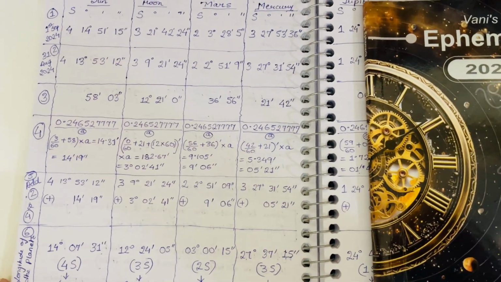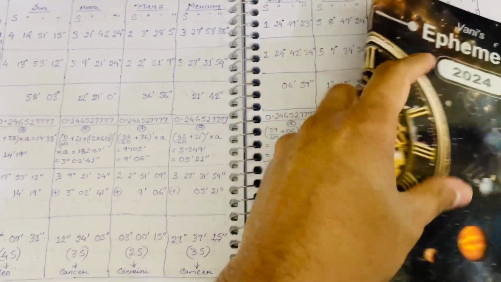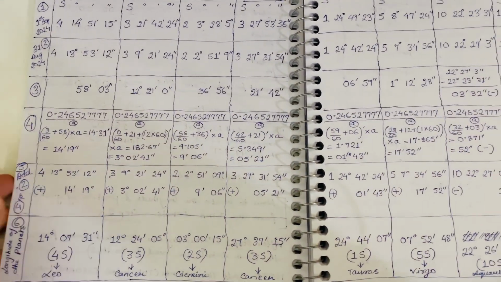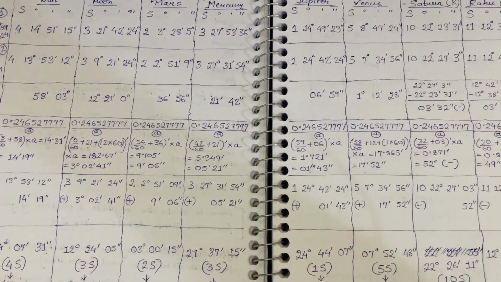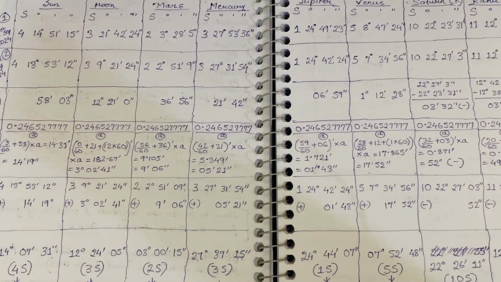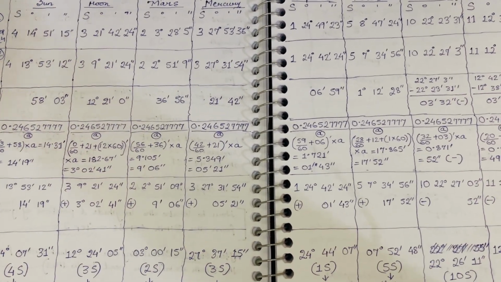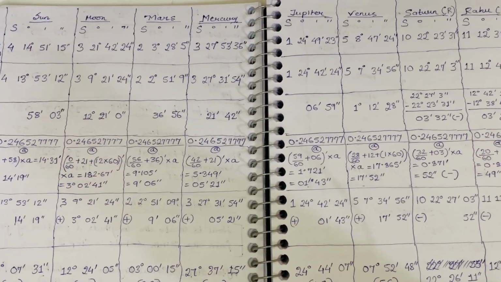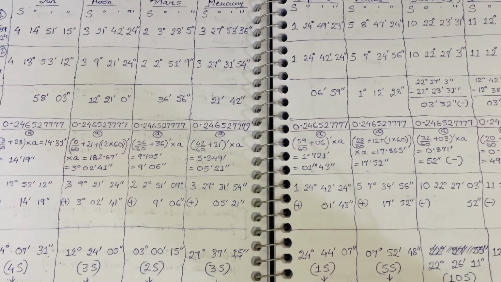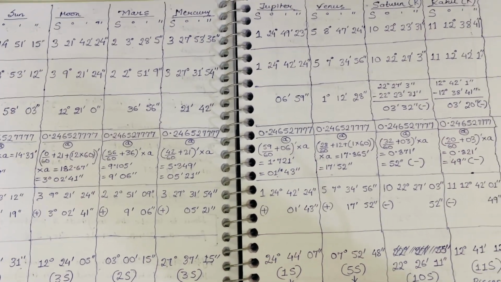Okay, so now the data bank that we are using for calculating the planetary positions and the longitude of the planets is the first example we had done when we were calculating the ascendant rising and the longitude of the ascendant. What was the data bank that we had considered?